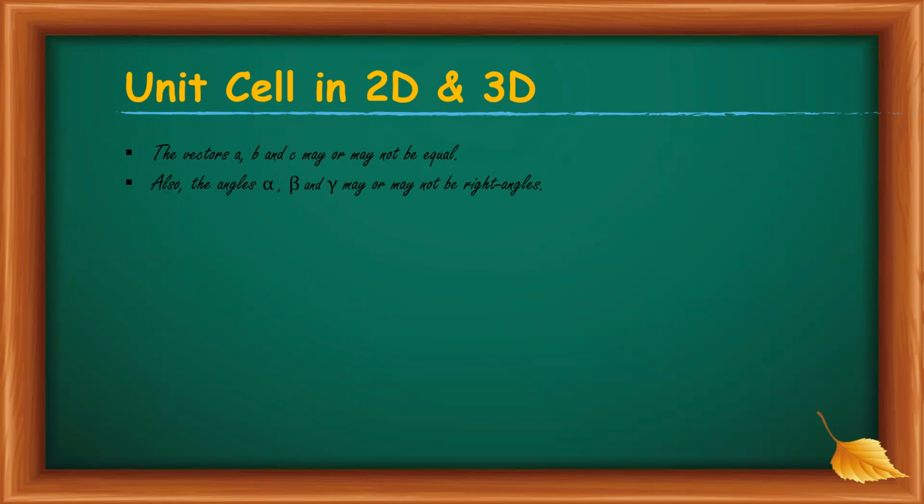Also, the interfacial angles alpha, beta and gamma may or may not be right angles. Based on these conditions, there are 7 different crystal systems. Thus, in a cubic system, a equals b equals c and alpha equals beta equals gamma equals 90 degrees.